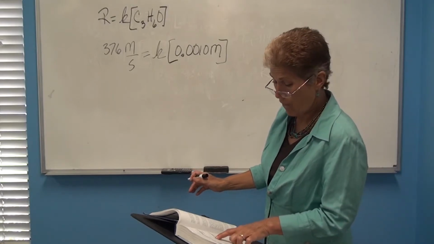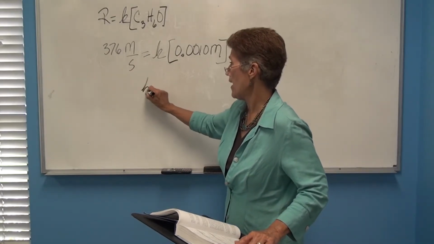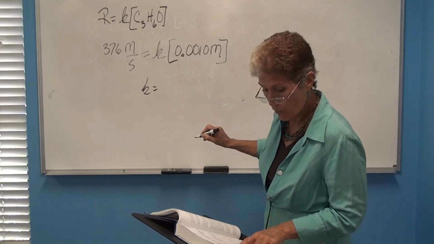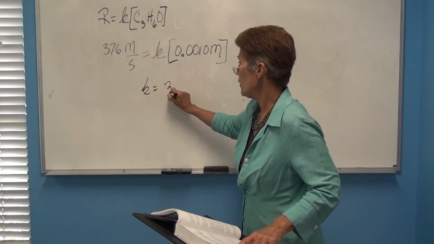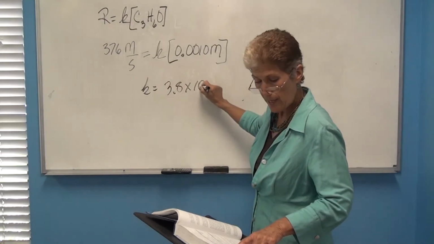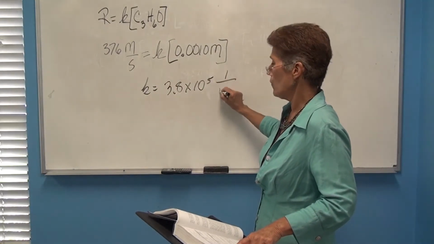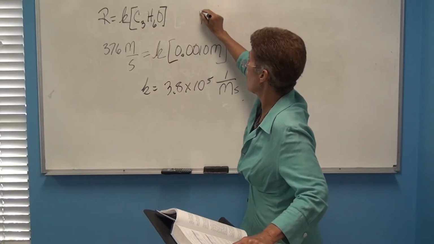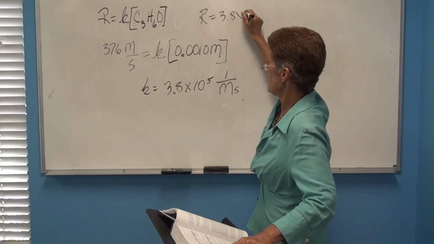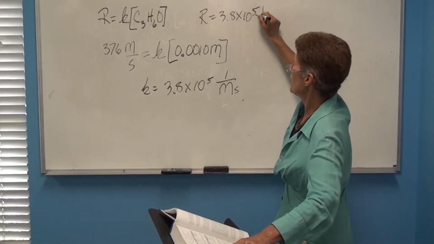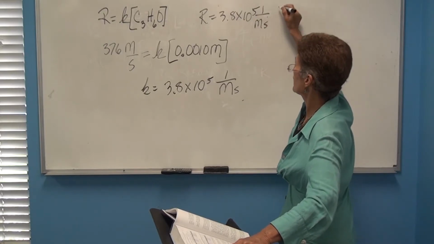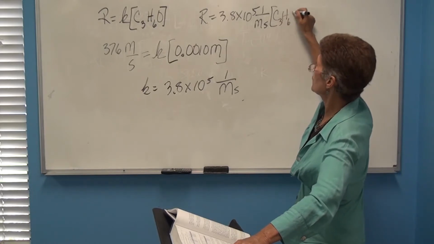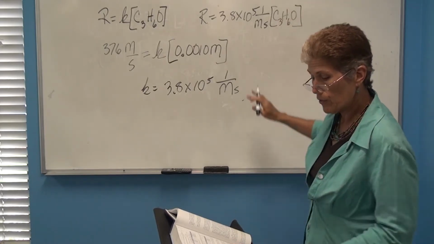And so when I solve for that, that gives me a k of 3.8 times 10 to the 5th, 1 over molar s. So now I'm going to rewrite this as R equals 3.8 times 10 to the 5th, 1 over molar seconds, times [C3H6O]. And that would be your final answer.